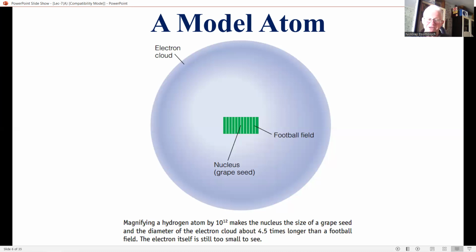Let's look at this figure, please. When you imagine a grape seed in the middle of a sphere 4.5 football fields in diameter, you can see that the atom is mostly empty space. All this light blue color is empty space.